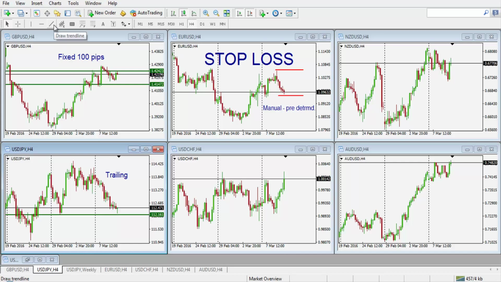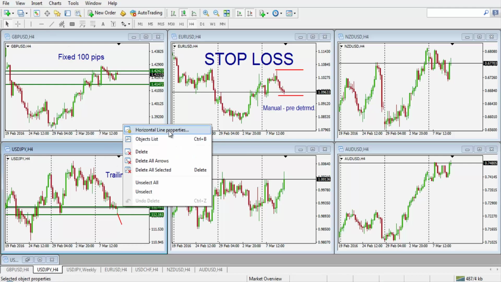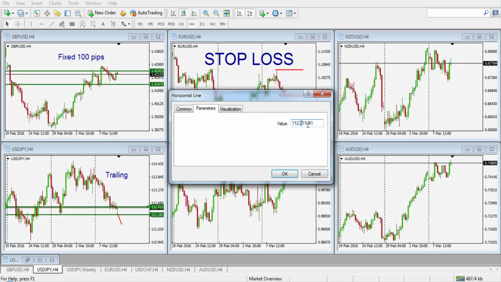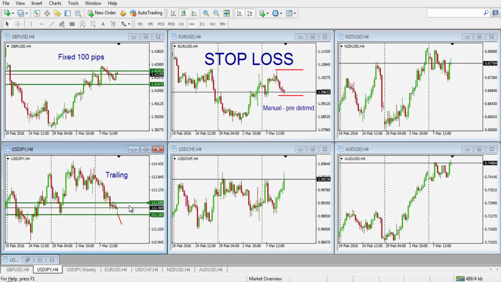Should the price action go in your favor, so if the price action was to go down to here, and you have a trailing stop loss of say 50 pips, we have to calculate 50 pips from here. First of all, 50 pips would be somewhere there, 69s. Now this is the concept.